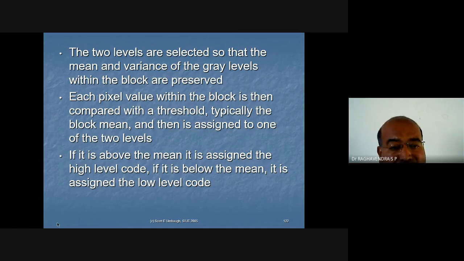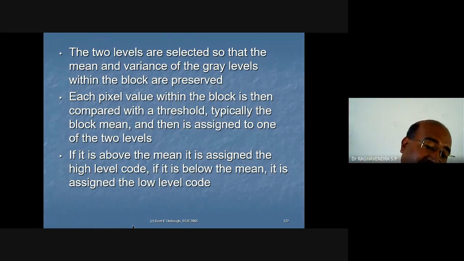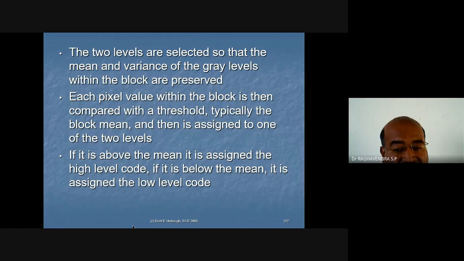Typically the block mean is used, and each pixel is then assigned to one of the levels. Wherever there is a highest value closer to the threshold, we assign the mean values. If the value is above the mean, it is assigned a high level code. Suppose the threshold is taken as the mean: if the value is higher than the mean, it is taken as a high level code; otherwise, it is taken as a low level code.